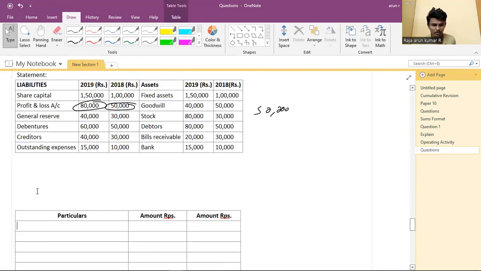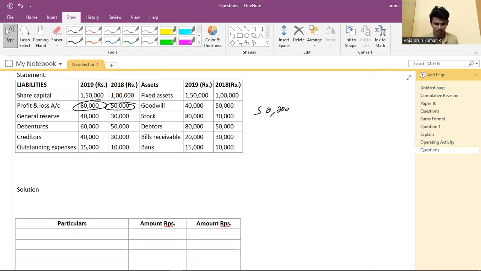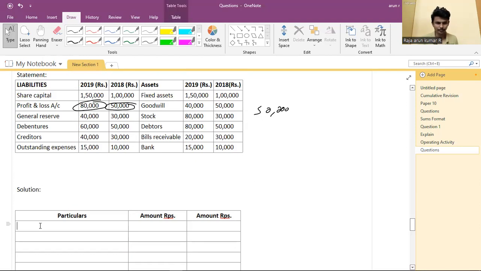Straightly do. Solution. Net profit. First step, we do the net profit. How much? 30,000.